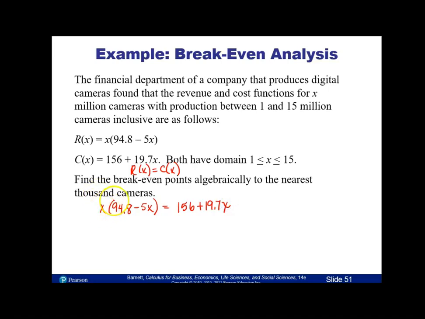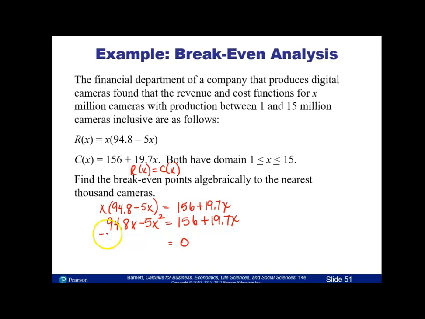Okay, we know that we want to get rid of parentheses, so I'm going to distribute here. Okay, so looking at this, we can see that we do have a squared term. So anytime we have a squared term, it means we're working with a quadratic function, and it means we want to get it equal to 0. Okay, so we're going to pull everything over to the left side so that we can work with it better.